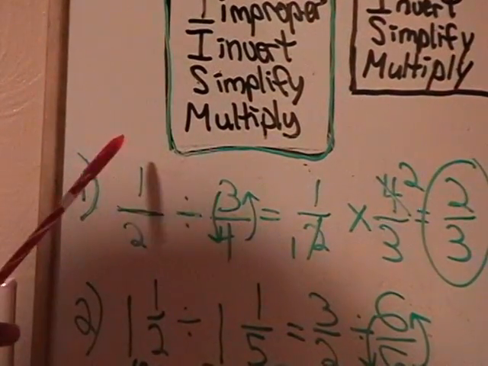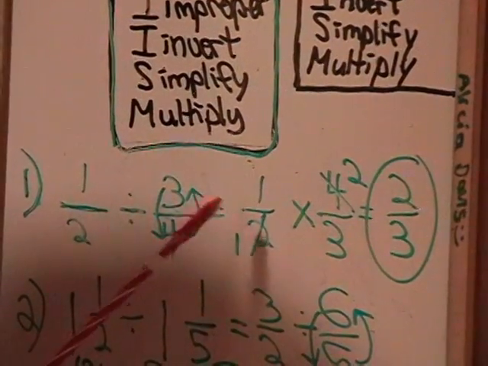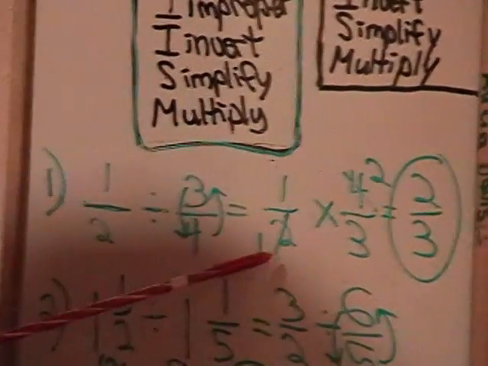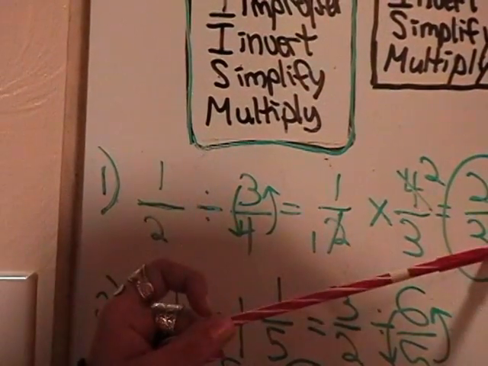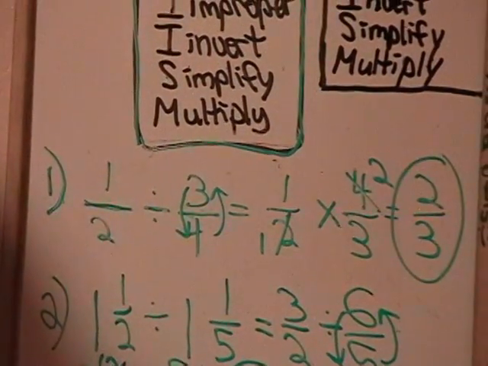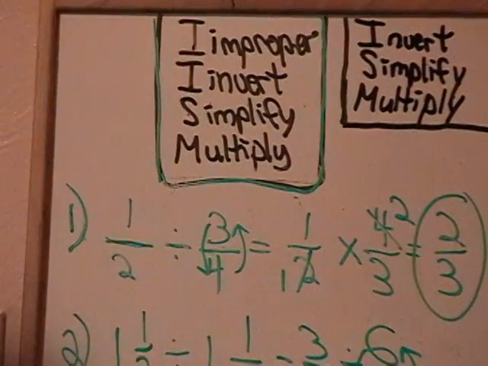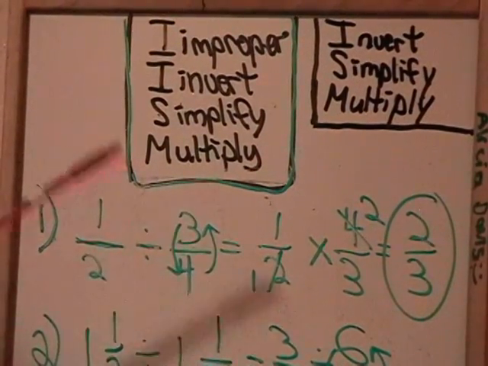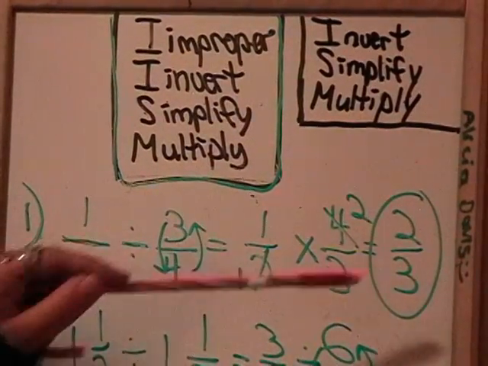You invert that fraction, rewrite it as a multiplication problem, simplify it, and then multiply across to get the answer. Simple enough, right? So you invert, you simplify, and you multiply.